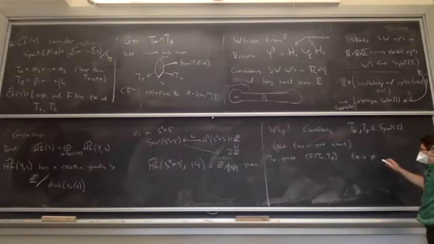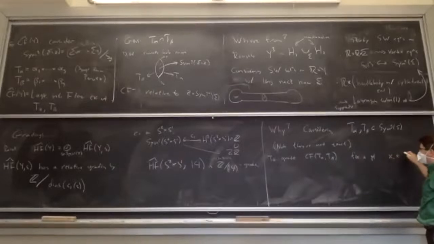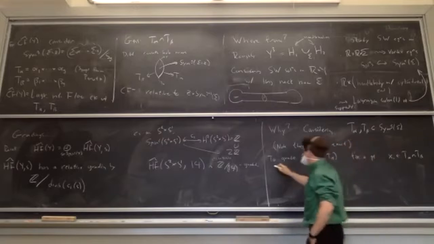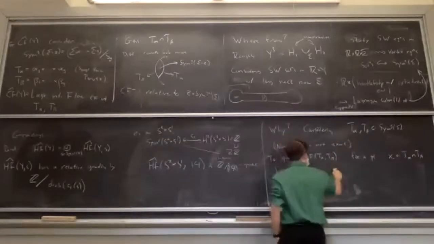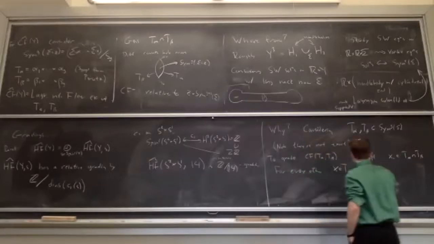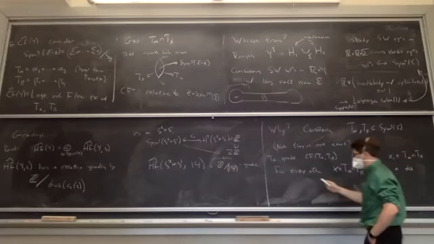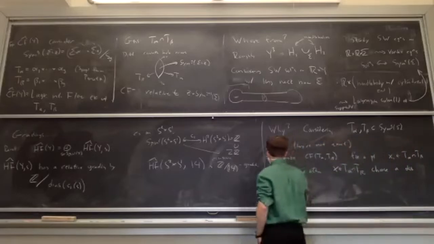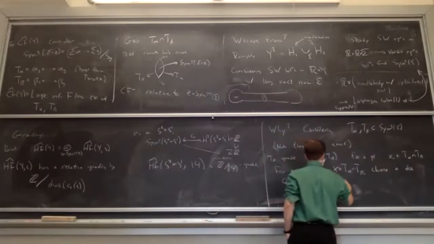So here's the most naive way to grade a Floer complex. Fix a point, let's call it x0, in T alpha intersect T beta. Now for every other point x in T alpha intersect T beta, choose a disk, phi, connecting x0 to x.